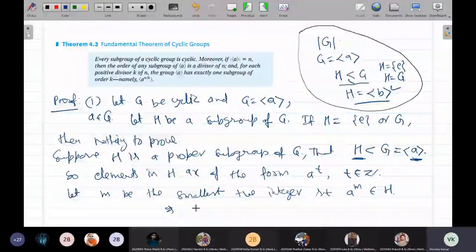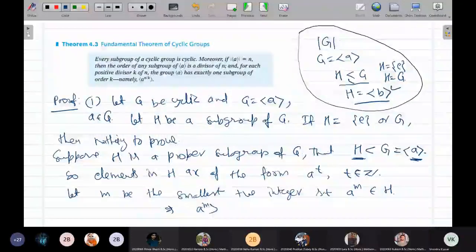Or more precisely, H is itself a group. Okay, so it should be closed. So all the group generated by A to the power M should be in H. Okay, so let us assume that this is a star.